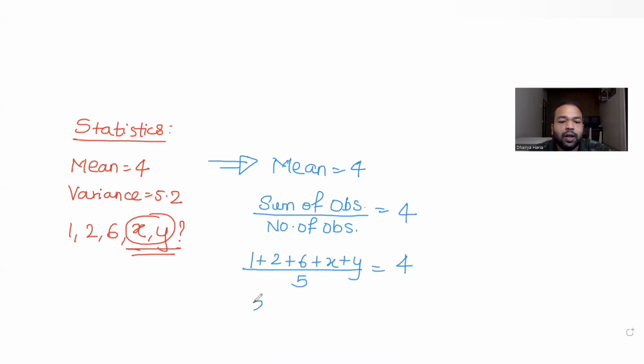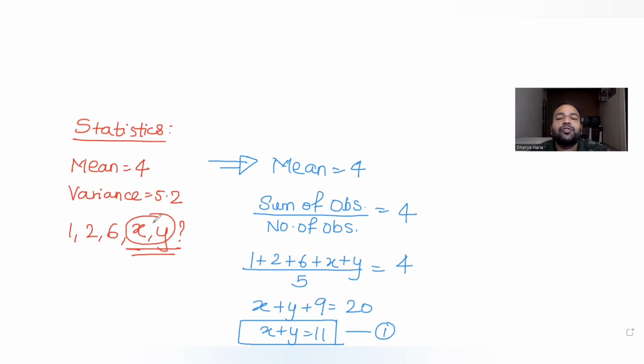So you get x plus y plus 9 is equal to 20. So x plus y is equal to 11. This is our first equation in terms of x and y: the sum of the 2 observations, which we need to find, is 11.